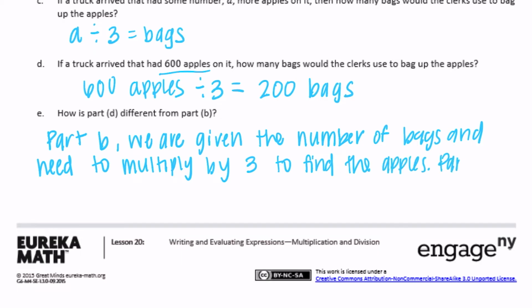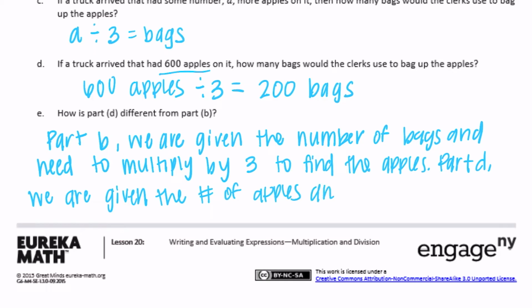In part D, we are given the number of apples and must divide by 3 to find the number of bags.